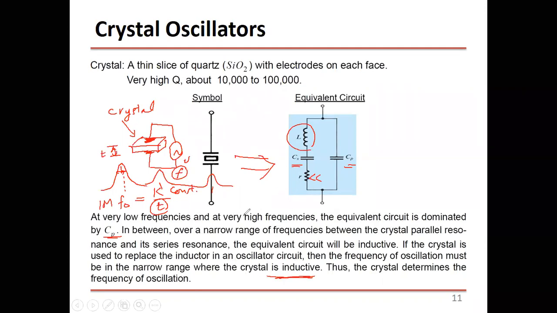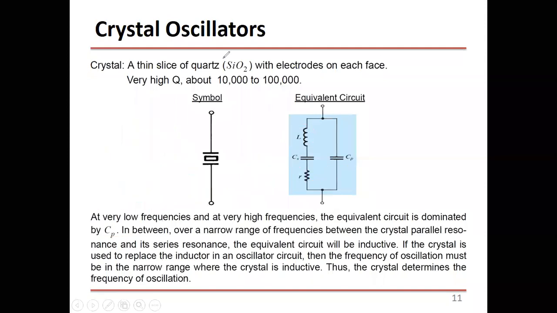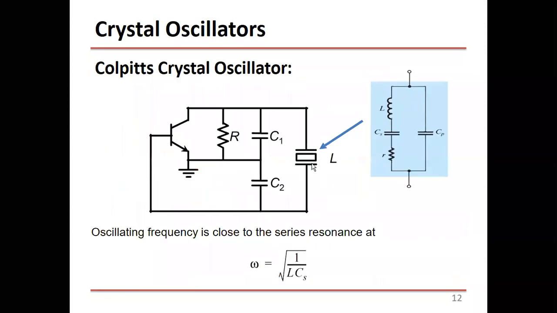It's similar to having an L. So we can use this in a Colpitts oscillator, and we replace the coil of the Colpitts oscillator by the crystal. So it will make a tank circuit that resonates at a frequency relevant to the inductance L.